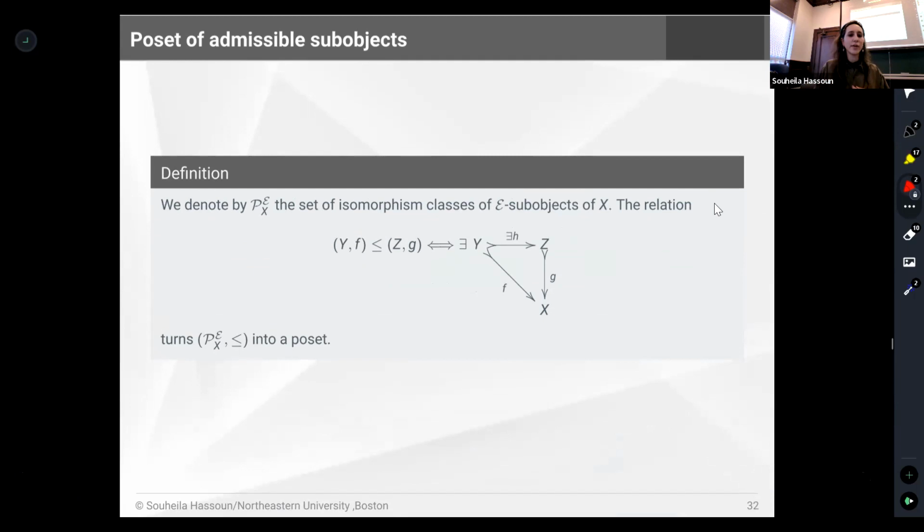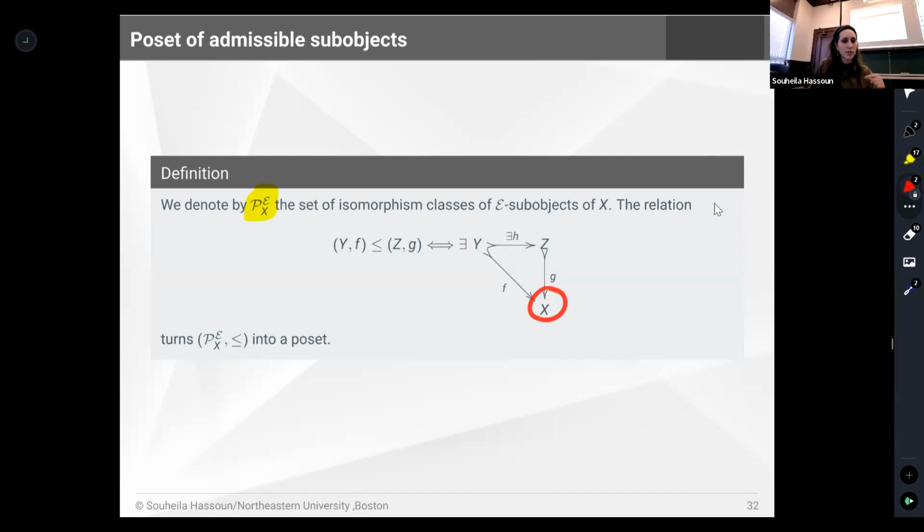So we want to define an intersection that works on any exact category. So we first consider the poset of admissible subobjects. As I said, it's not necessarily a lattice in the exact case, but we take all of the admissible subobjects of a fixed object. It depends on what the structure is. If we take the split one, for example, it will be the direct summands. If we take a fixed object X, we want to consider all the subobjects of it, using an admissible morphism.